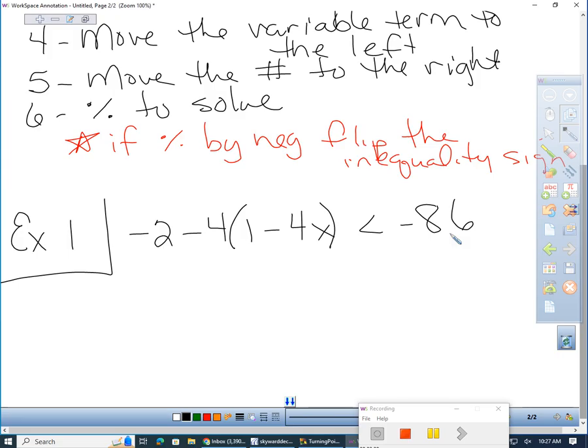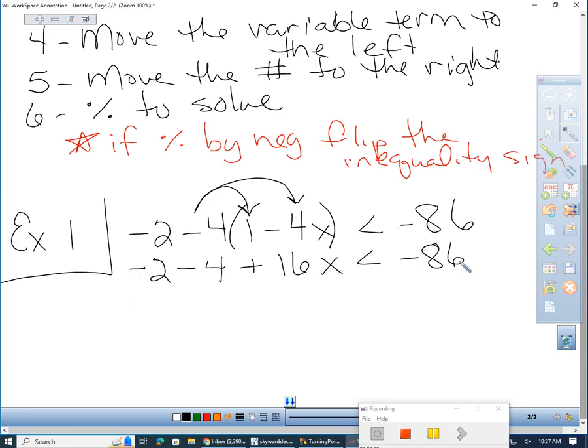So, first step says we have to distribute because there's parentheses, right? So I have -2. I'm going to distribute the 4, or -4, because we take the sign with the number. So -4 times 1 is -4. -4 times -4x is positive 16x. We're to the end of the parenthesis. We're done distributing. I'm going to bring everything else down.